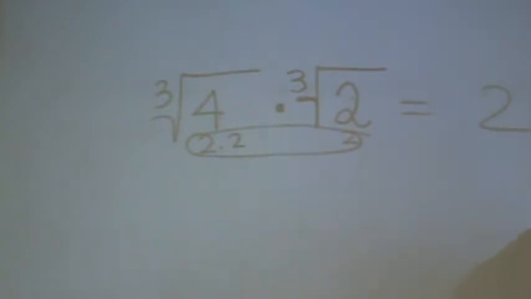Well, today what you're going to do is you're going to divide. So look at your notes. What do you think you're going to do in a problem like this? You can't do it?